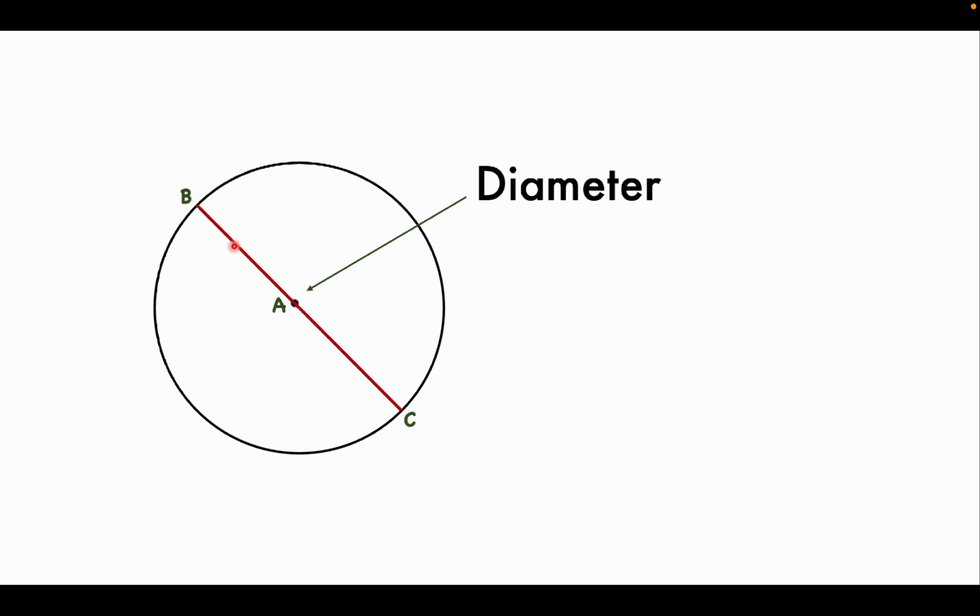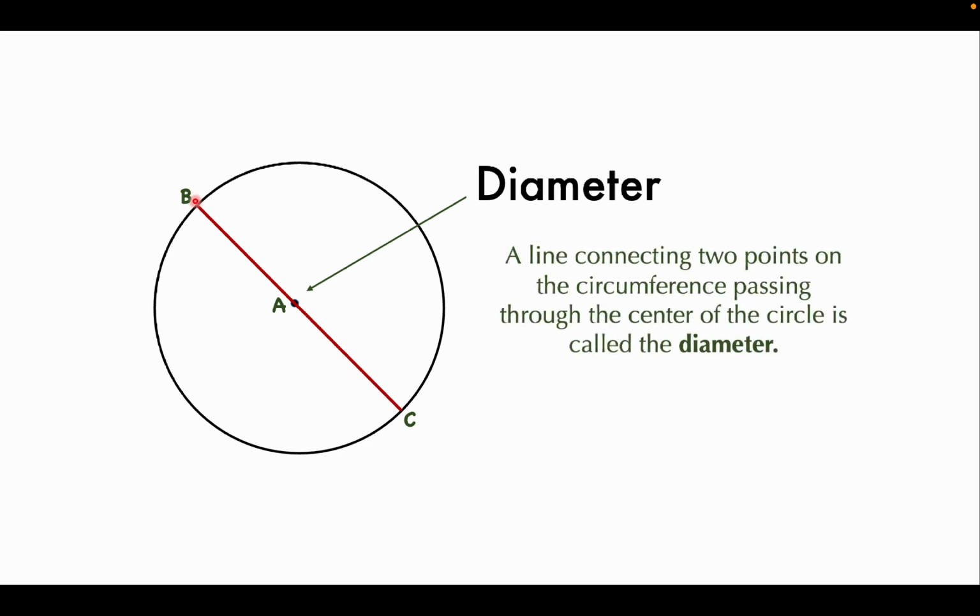It's just one single line passing through the center, connecting two points of the circumference. So, a line connecting two points on the circumference passing through the center of the circle is called the diameter. Okay.